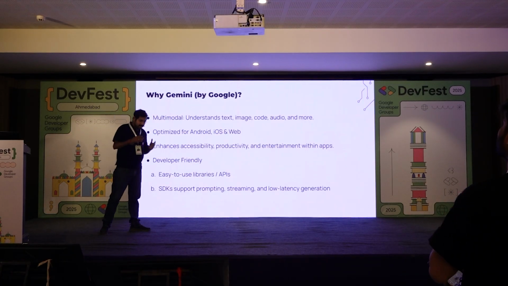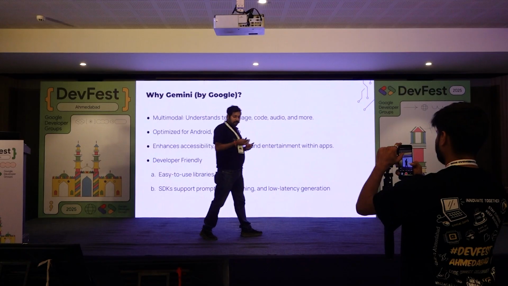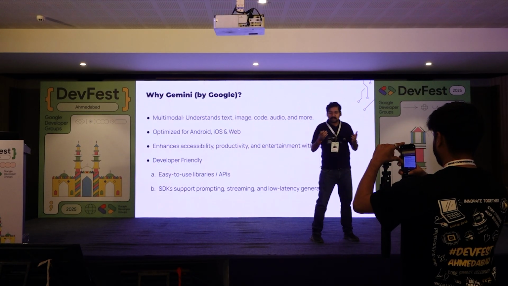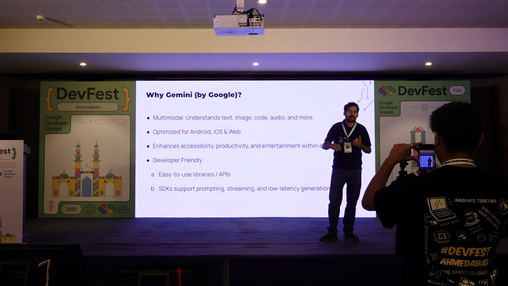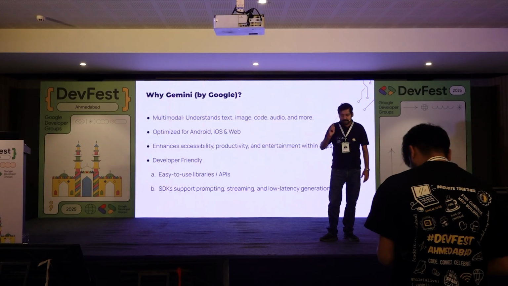Now, as I said, AI can be implemented in multiple ways. One of them is using Gemini API. Again, Gemini by Google is multimodal, and it's optimized for Android, iOS, and web, and it's developer friendly.